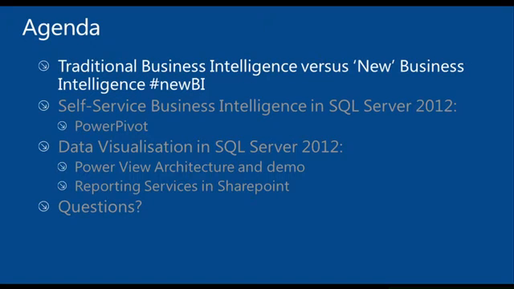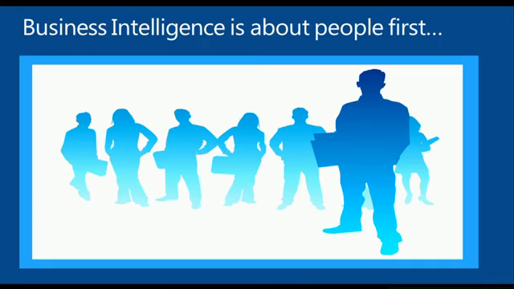Okay? So the first thing I want to talk about is the change in business intelligence generally. Then we'll talk Power Pivot and Power View. Now, the thing about business intelligence is it's about people first. It probably sounds simple, but I've seen projects fail in business intelligence. Maybe you have as well, because there can be quite a high failure rate as people select the technology rather than consulting the people first.